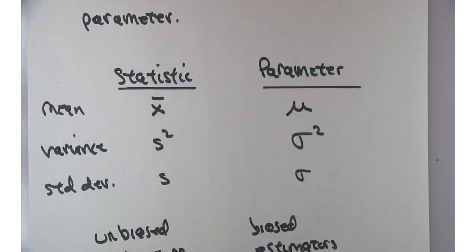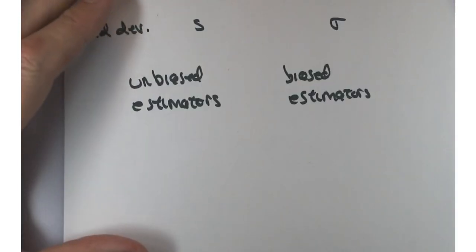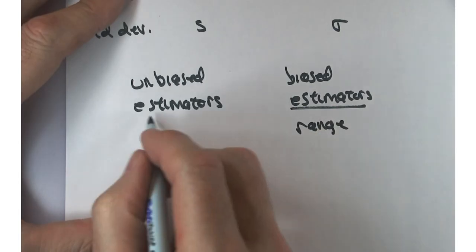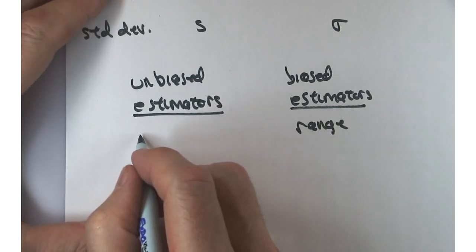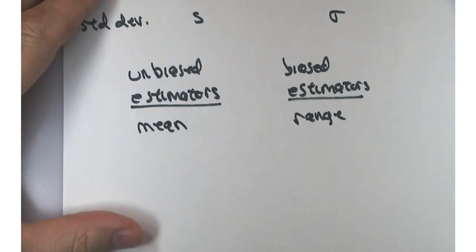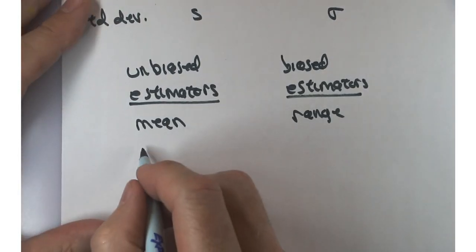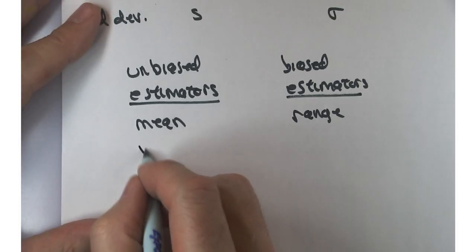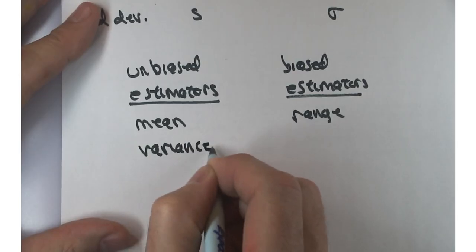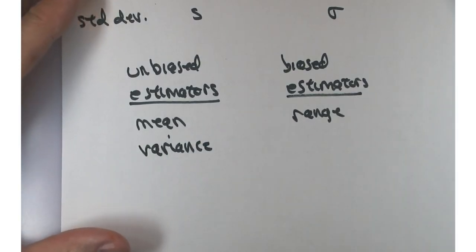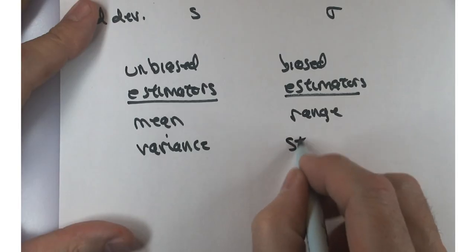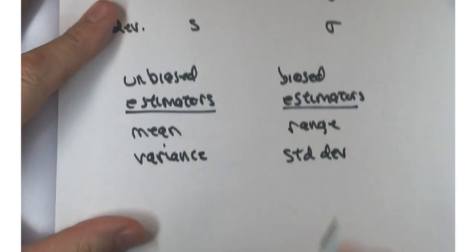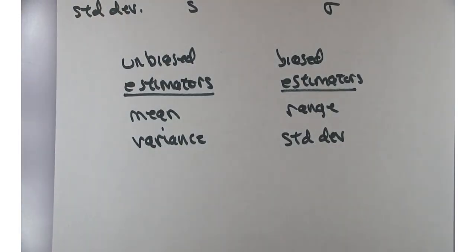So in terms of biased estimators, one of them would be the range. An unbiased estimator would include the mean. The variance is an unbiased estimator. Interestingly enough, even though all you're doing is taking the square root, the standard deviation is a biased estimator. Not by a lot, but by a little.